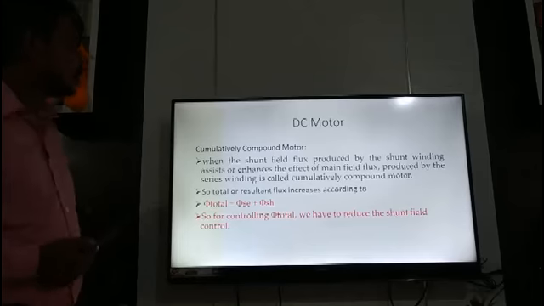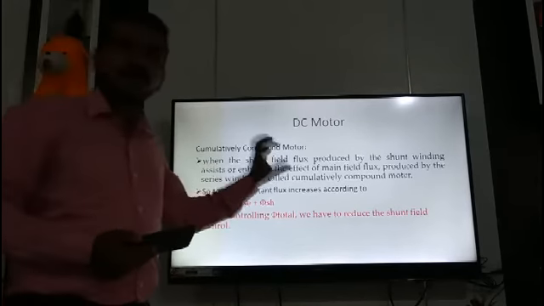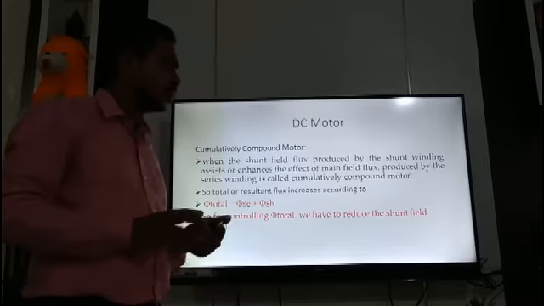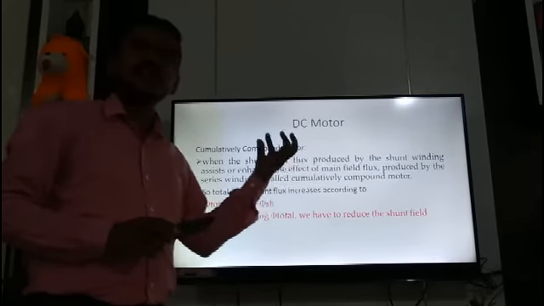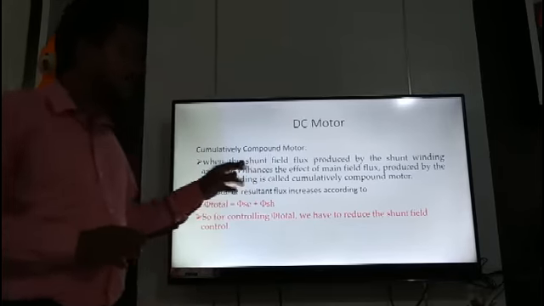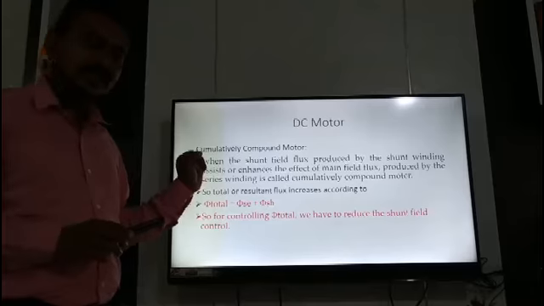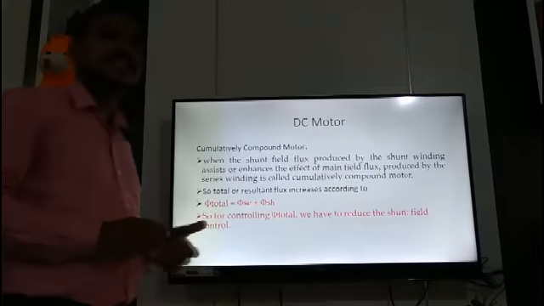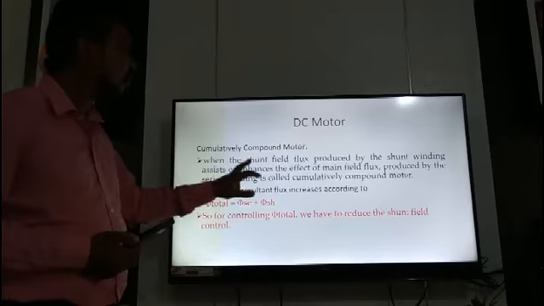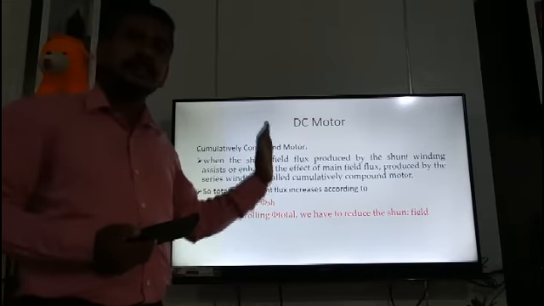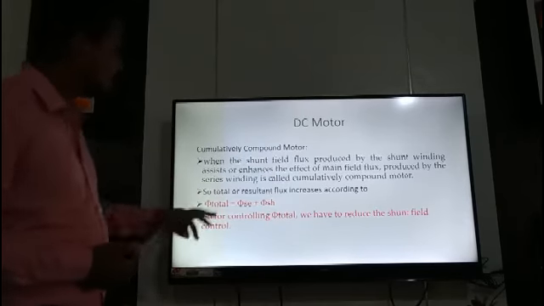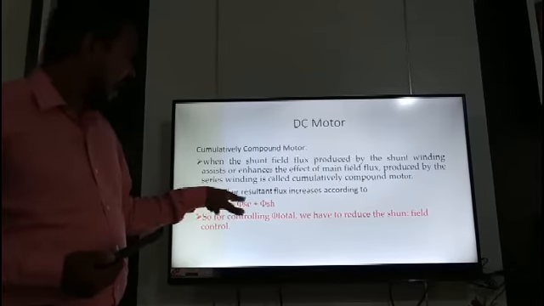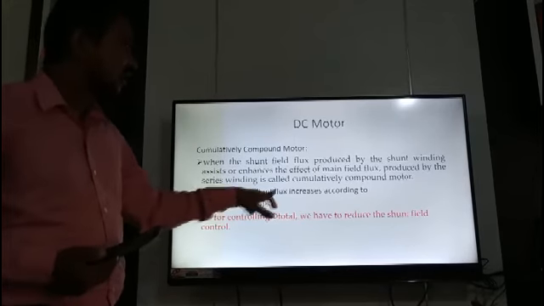Now the cumulatively compound motor. In a compound motor we have two windings, shunt field winding and series field winding. The shunt field winding produces the shunt field flux, and the series field winding produces the series field flux. When the shunt field flux helps the series field flux, the motor is known as the cumulatively compound motor. As both are added, the total or resultant flux increases.